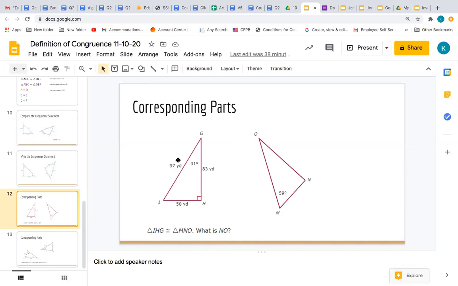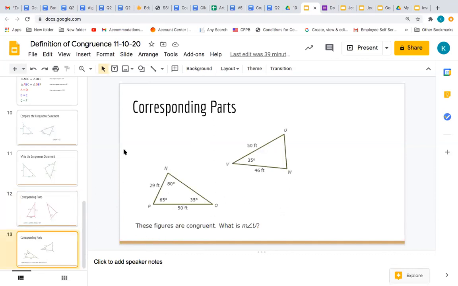And this is 97 yards, so OM also going to be 97 yard. And what is NO? So if you look at it, we have to find HG to find NO. HG is 83, so NO is also going to be 83 because those two are congruent, they already state that. Corresponding parts.